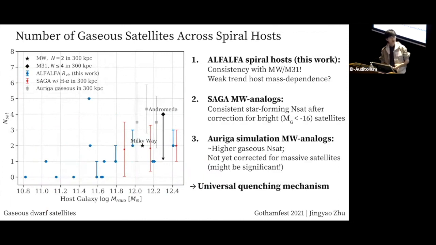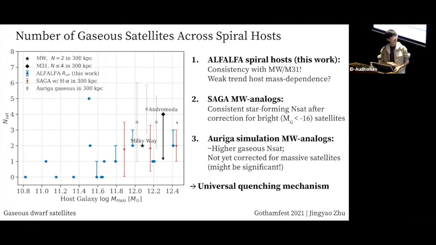So compared to the local group, the Milky Way and M31, we seem to find some consistency in the observed low number, or high quenching effectiveness, in the 0 to 2 low gaseous dwarf number. And there is a very weak trend of host mass dependence, so the very small spiral hosts tend to have 0 satellites.